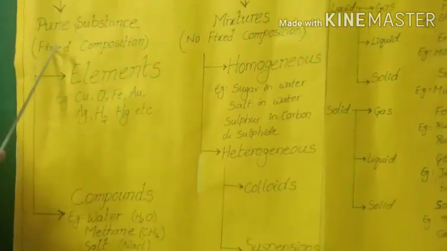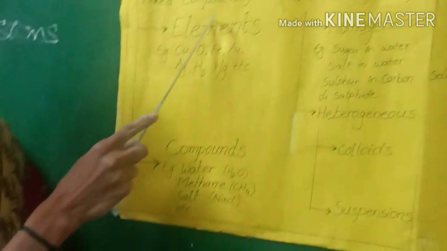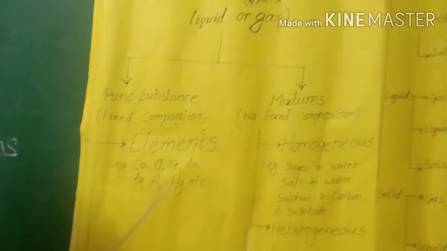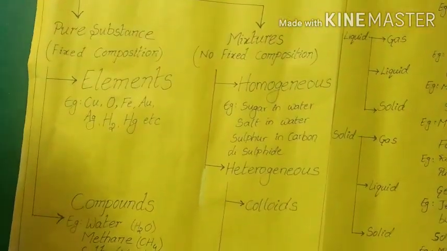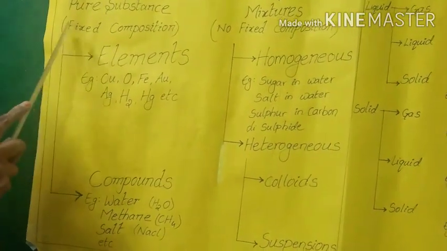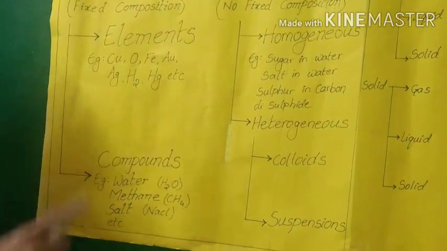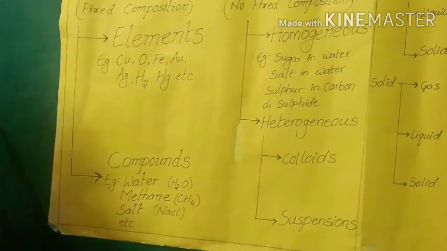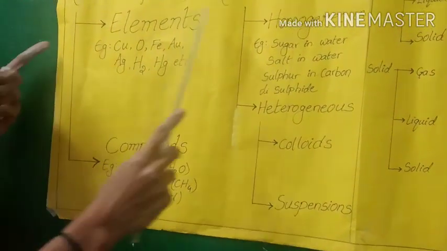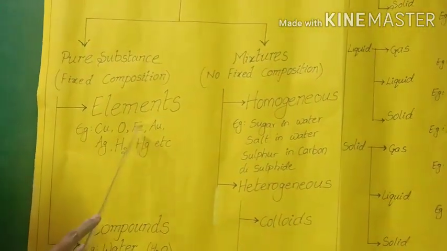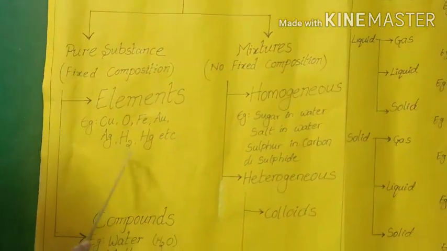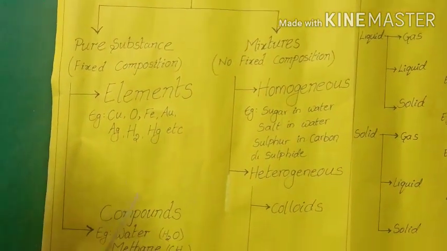Pure substances have a fixed composition, meaning the smallest fine particle will also be the same particle. All the elements and all the compounds come under pure substances. Examples of elements are copper, oxygen, iron, gold, silver, hydrogen, mercury, etc.